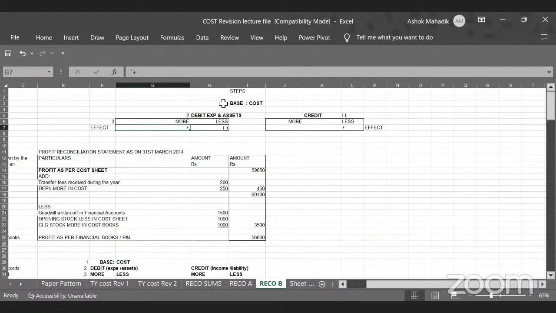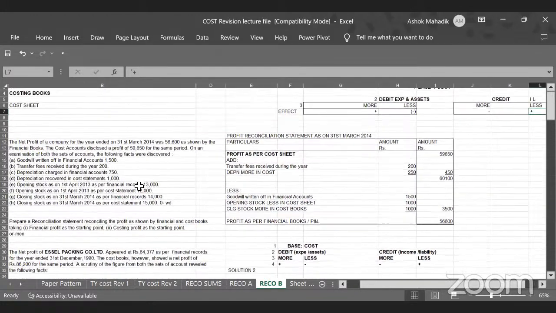On the debit side, below more, write plus. This is the effect, plus or minus. Below less, write minus. On the credit side, do the reverse. Under more, write minus. Under less, write add. Yes, the video will be available. Don't worry. Okay, students, we'll go to that question again.